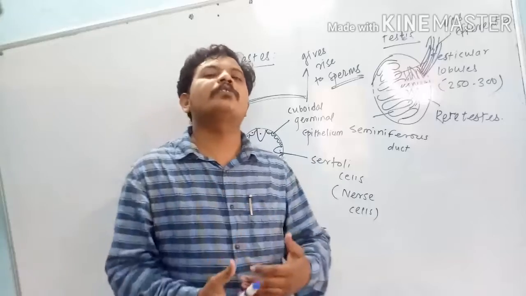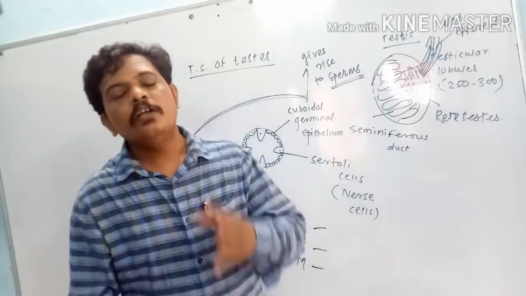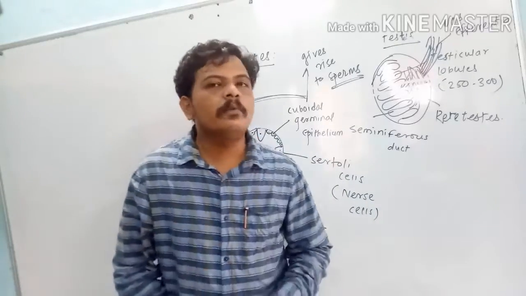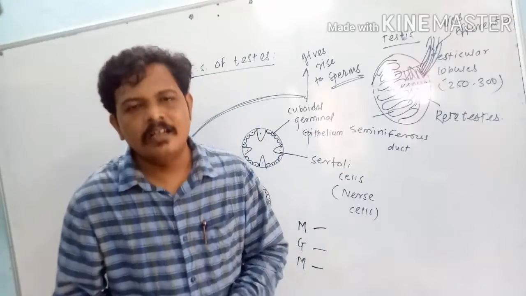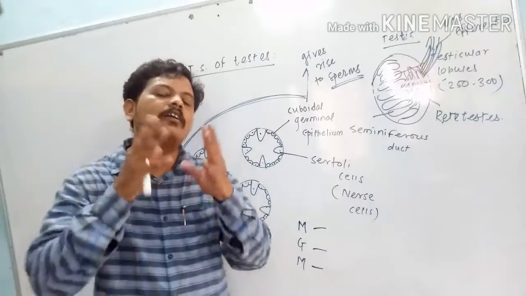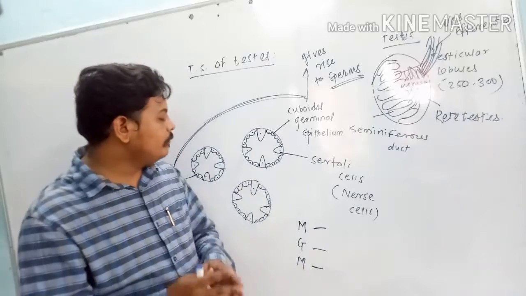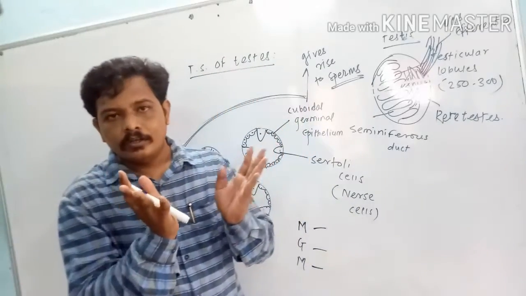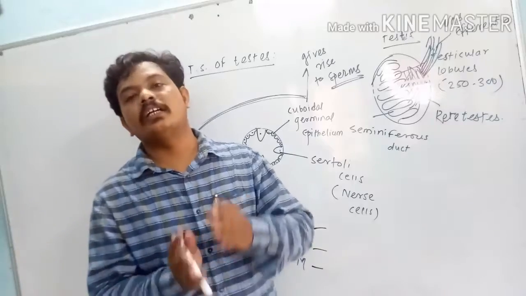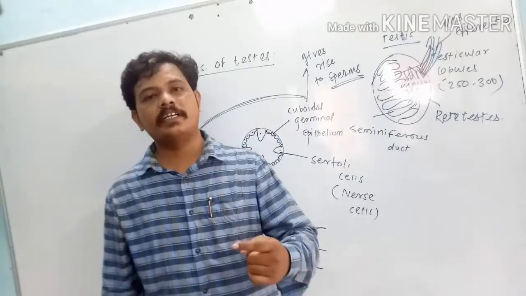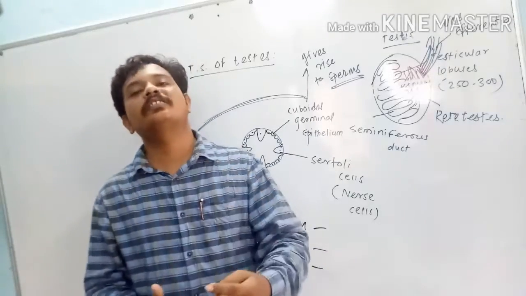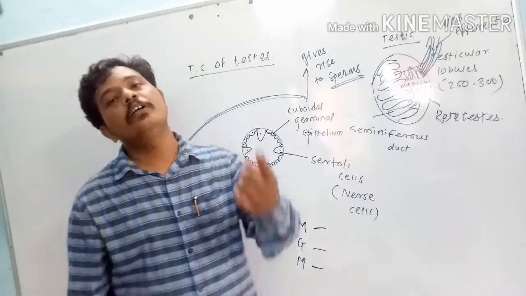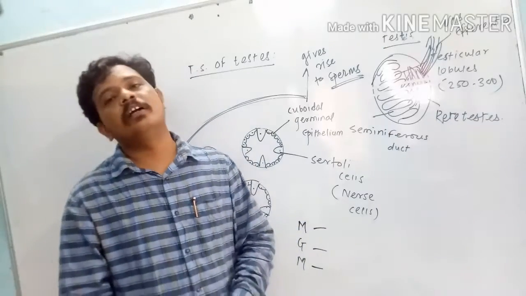By means of mitosis, these cells are multiplied to form a large number of spermatogonia, and this spermatogonium undergoes growth, and the spermatogonium which has grown is called primary spermatocyte, which undergoes first meiotic division, means first maturation division, to form secondary spermatocyte.